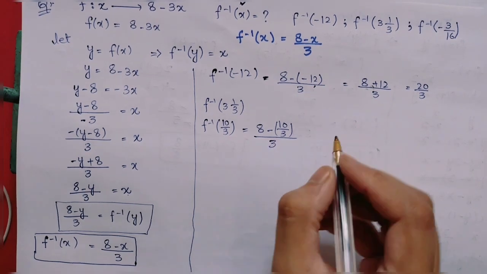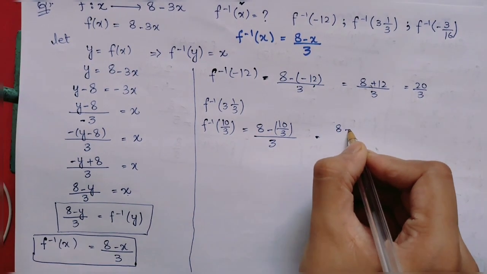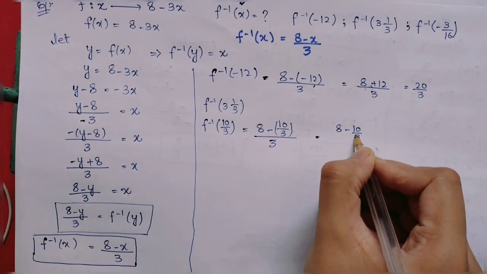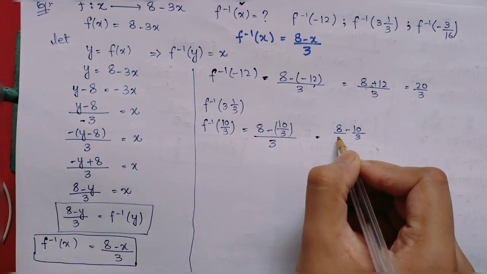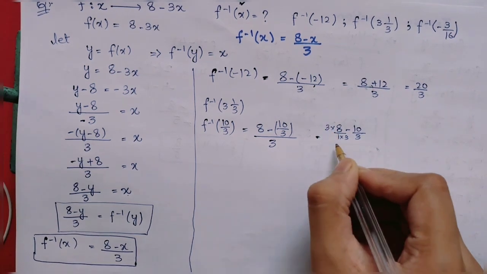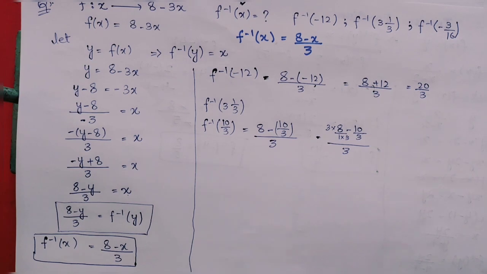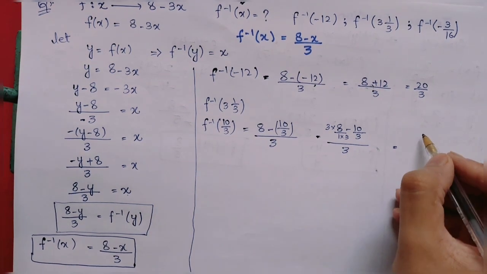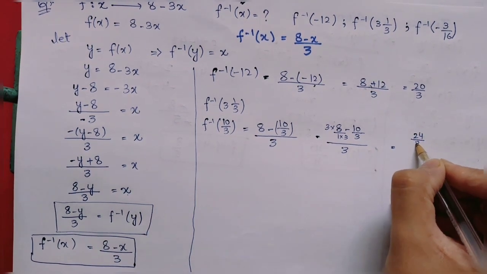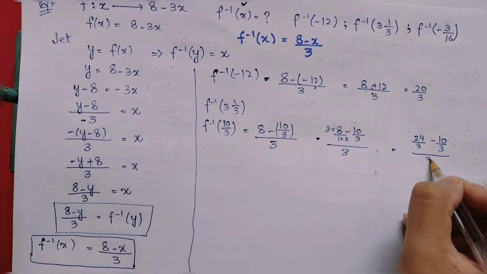You have to subtract it. 8 minus 10 over 3, here in the denominator is 1, multiply by 3 and multiply by 3 to make the denominator the same. What you will get is equal to 24 over 3 minus 10 over 3, over 3.